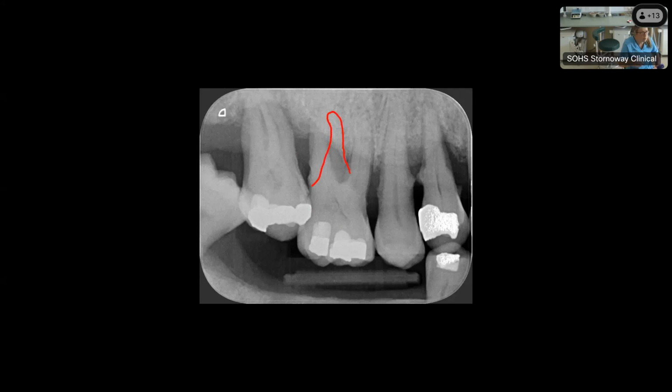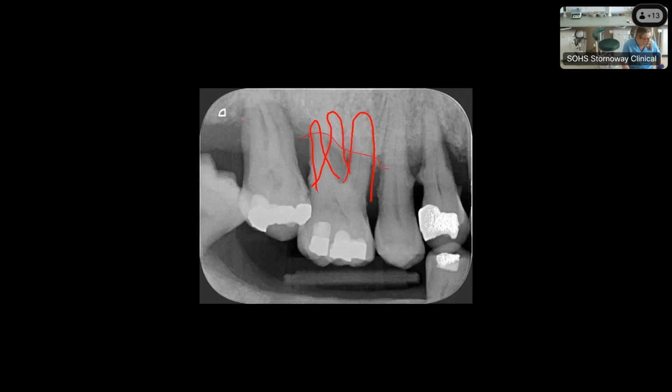I don't know why I've drawn a bulb on the end, it's not actually there. And then you've got your mesial buccal and your distal buccal, all lying over the top of each other. Oftentimes palatal roots aren't exactly central, but they're more central than the mesial and distal. So there's actually quite a lot of furcation because your bone is right there.